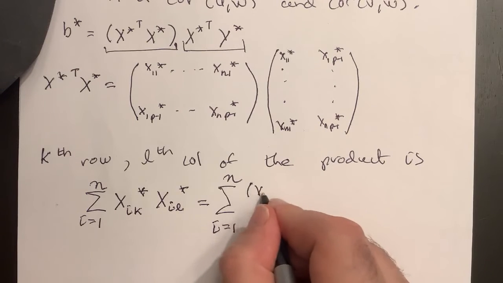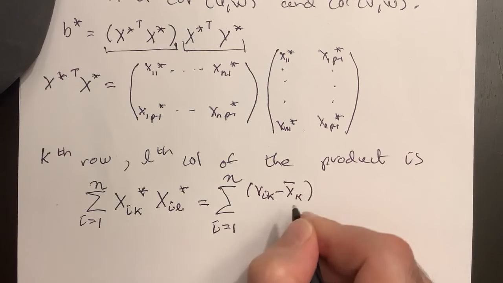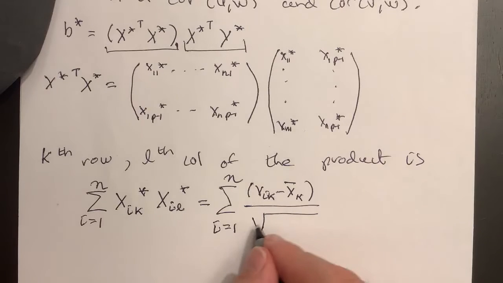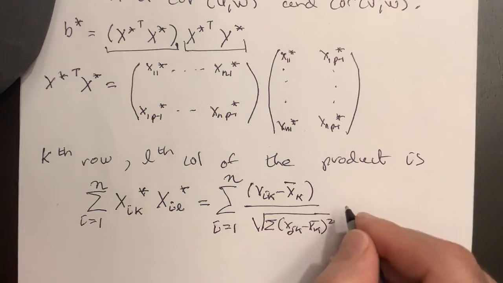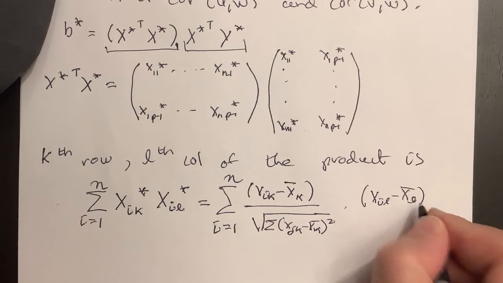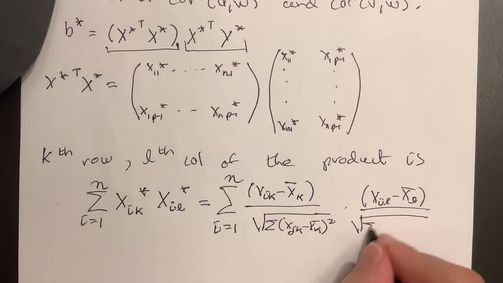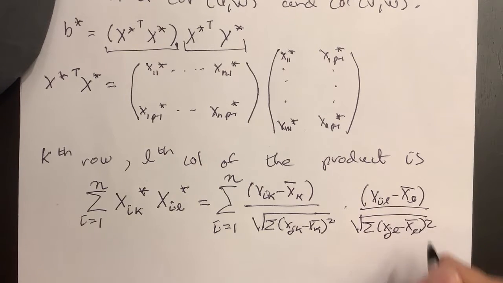I have x_ik minus x bar k over the square root of the sum of x_jk minus x bar k squared, times x_il minus x bar l over the square root of the sum of x_jl minus x bar l squared.